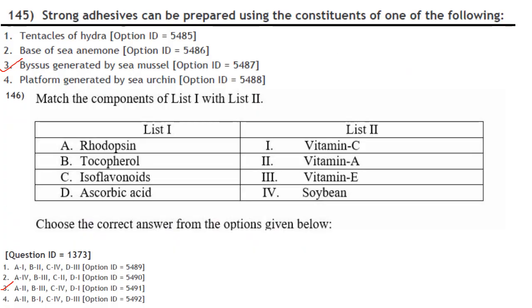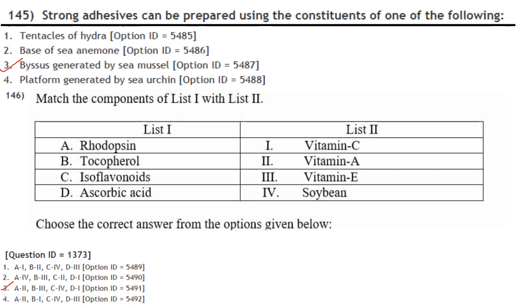Strong adhesives can be prepared using the constituents of one of the following. Answer is option 3, that is byssus generated by sea mussel. Then match the components of list 1 with list 2. Rhodopsin, vitamin A, tocopherol, vitamin E, isoflavonoids, soya bean, ascorbic acid, vitamin C. That was a very easy one.